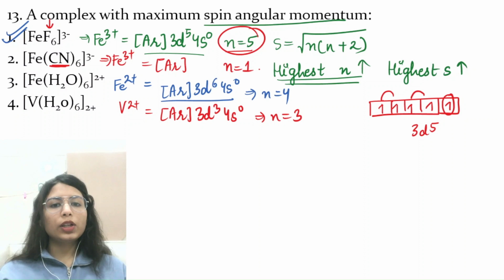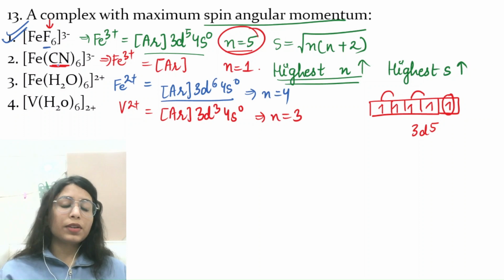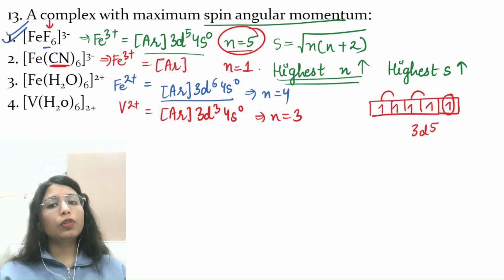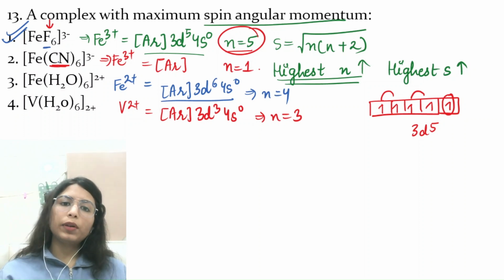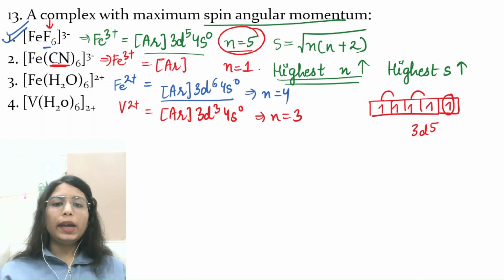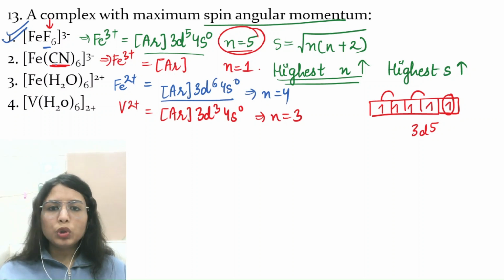So I hope you understood this question, how we have to do it. You just need to remember all the electronic configurations, you have to write them, and you also have to check which of them is a strong field ligand and which is a weak field ligand, and accordingly which one will get paired up and which one will not. These are the concepts that you have to use while solving this question.